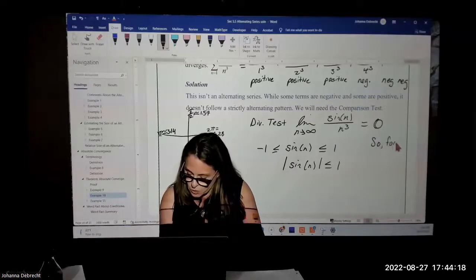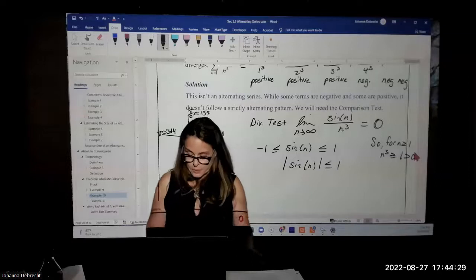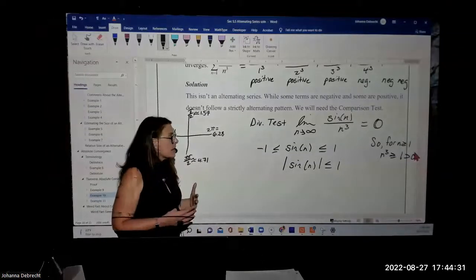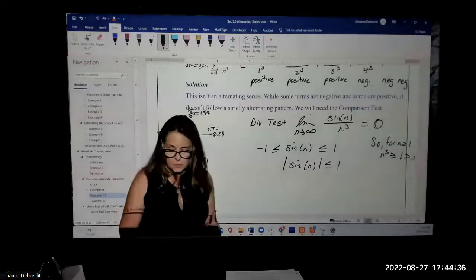So for n greater than or equal to 1, n cubed is greater than or equal to 1, which means it's strictly greater than 0. So we're going to divide both sides by n cubed. We can't have it be 0 because then we'd be dividing by 0.